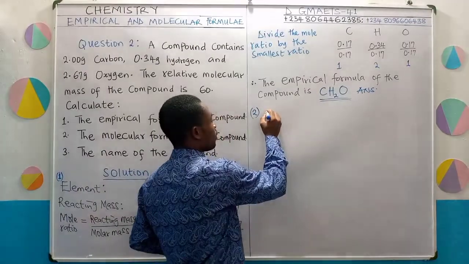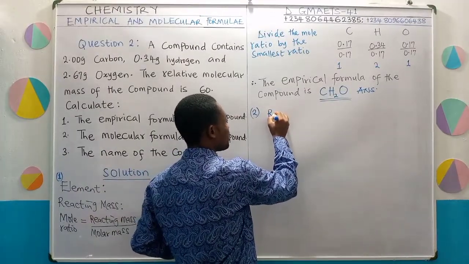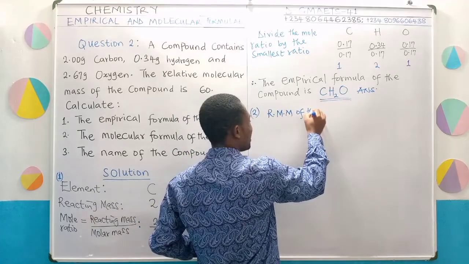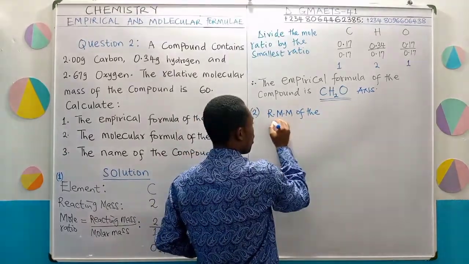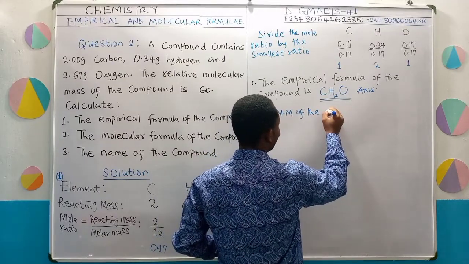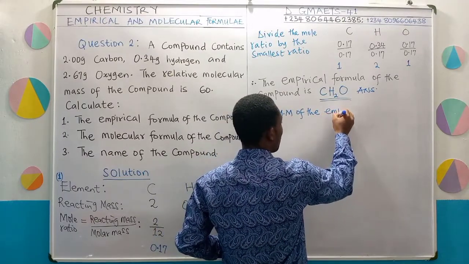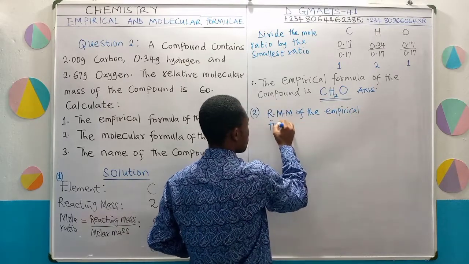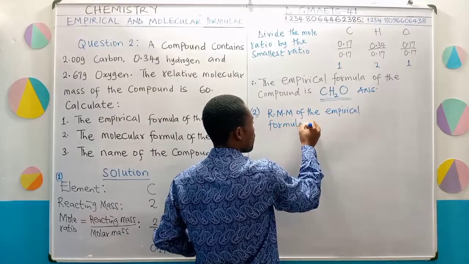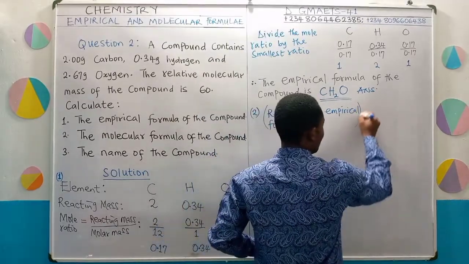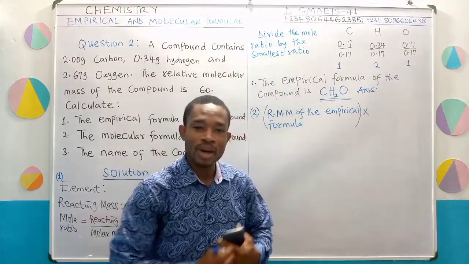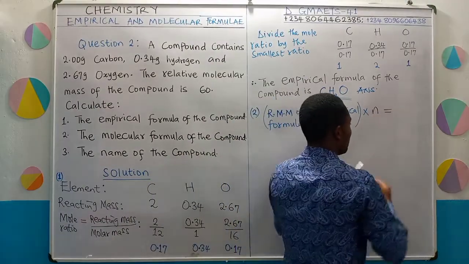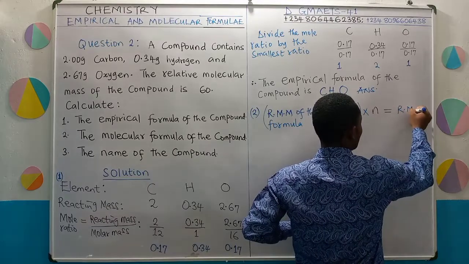So, to get the molecular formula, recall that the relative molecular mass of the empirical formula, multiplied by some whole number n, will be equal to the relative molecular mass of the compound.